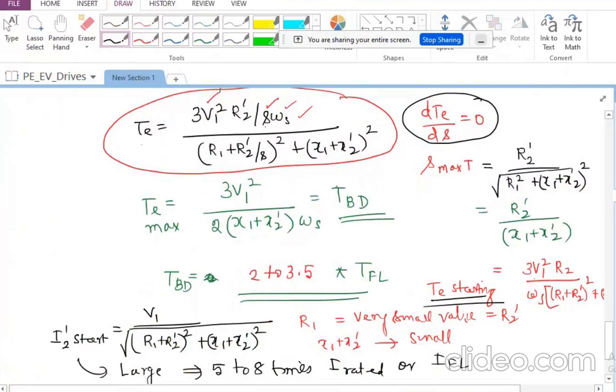That is because this S is completely removed from this equation. Otherwise, if S were 0.01 or 0.02, that coming in the denominator would have increased the entire torque by 50 times or 25 times. But because S is 1, the starting torque is not going to be so high.